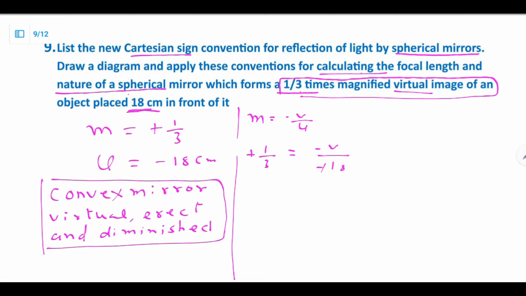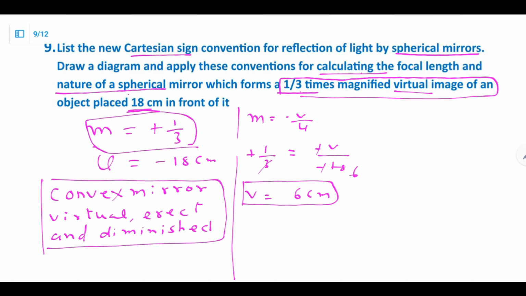Minus minus cancel, 3 ones are 3, 3 sixes are 18, so v equals 6 centimeters. There is no need to find the magnification because the magnification 1 by 3 is already given.